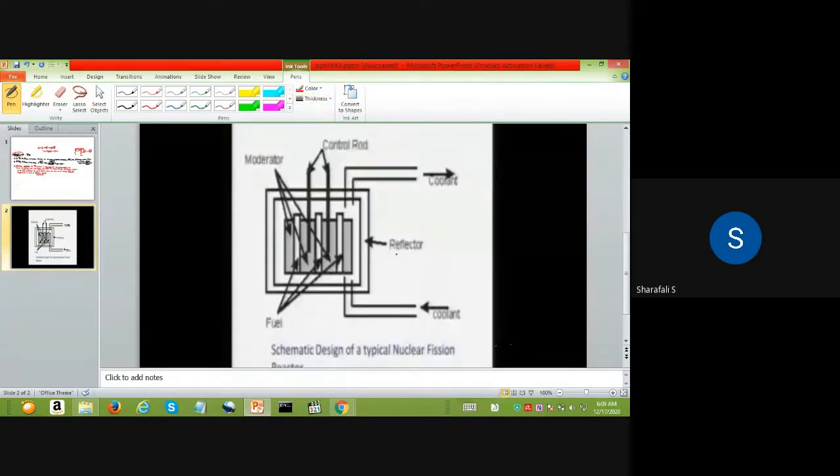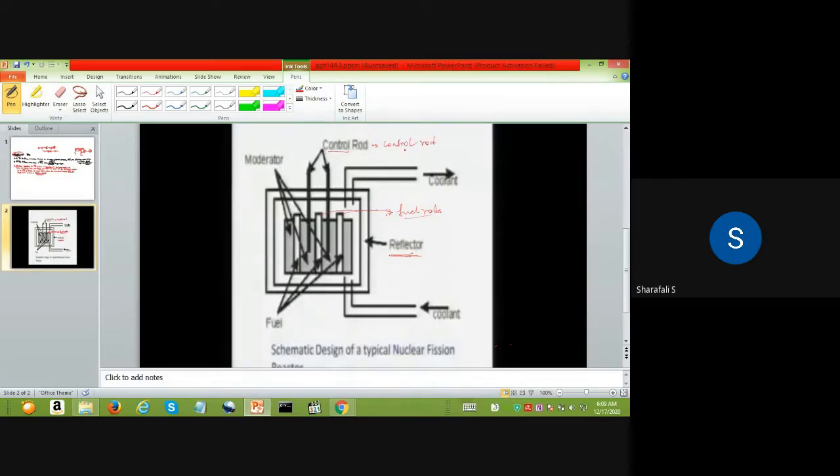So we have a reflector here. Let me show you that this is the fuel rods, these things. So this is fuel rods and this is the reflector. Then we have control rods here. I will write it here if it is not visible.